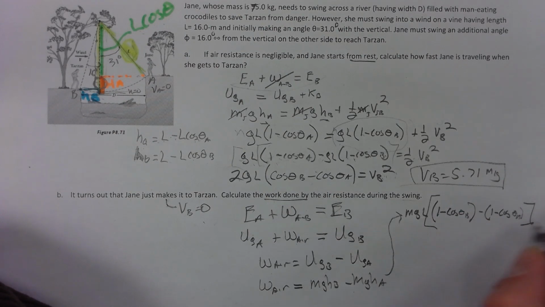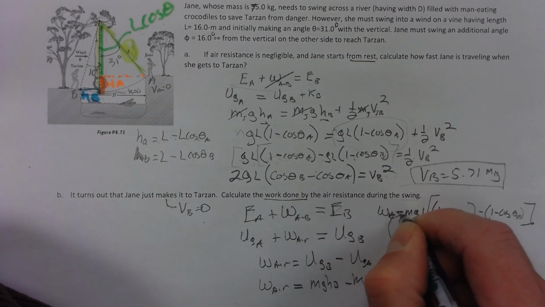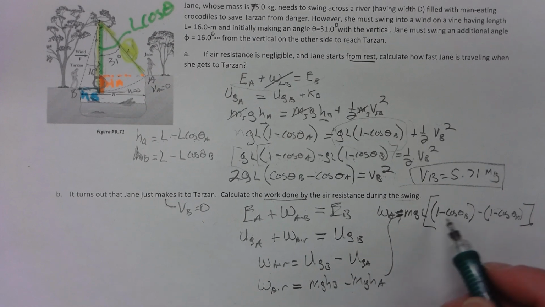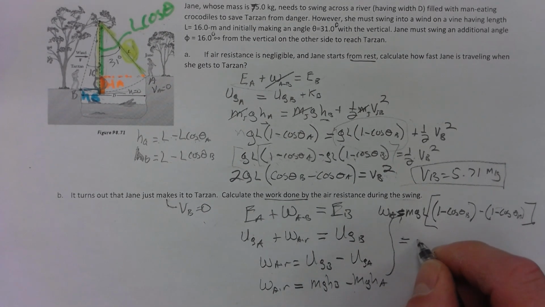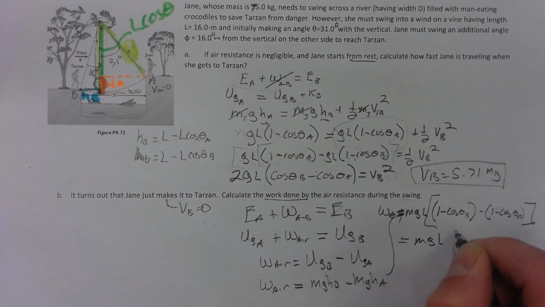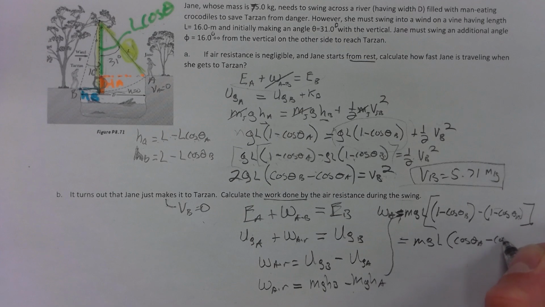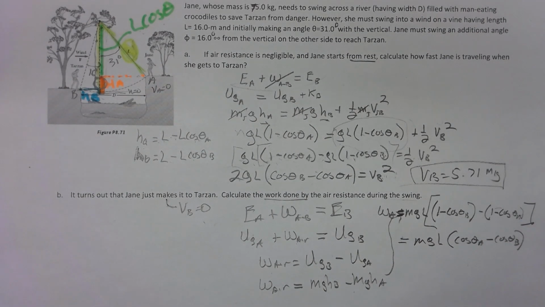That is going to equal our work of air. Again, these ones cancel. We flip things around, and you get mgL (cosine theta A minus cosine theta B). And you can work that out, plug in those numbers, and you find that work.